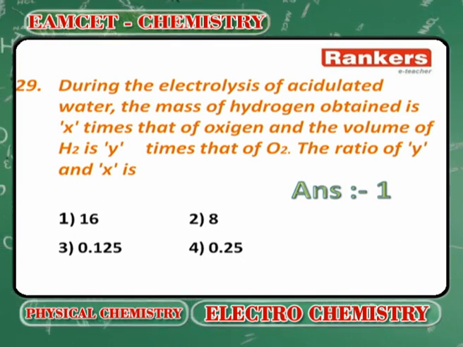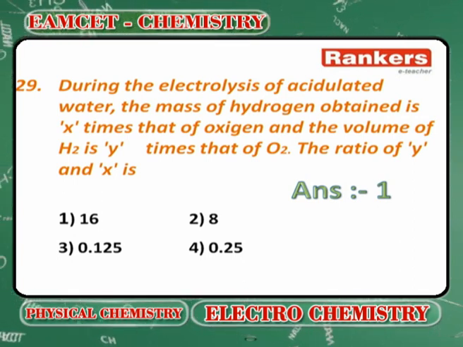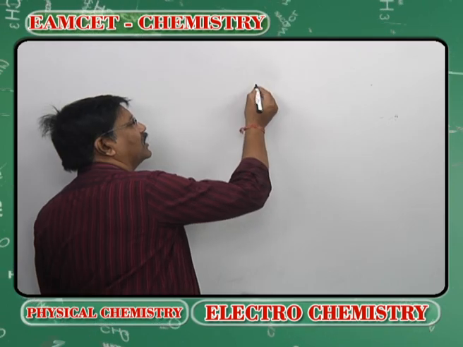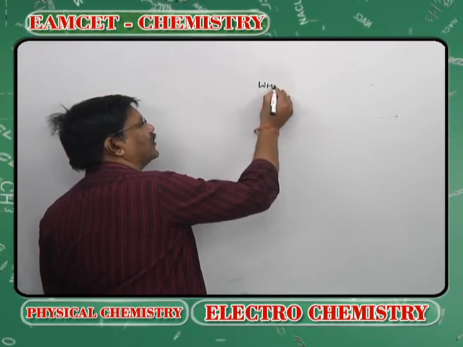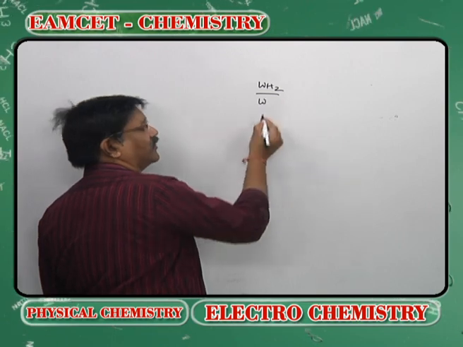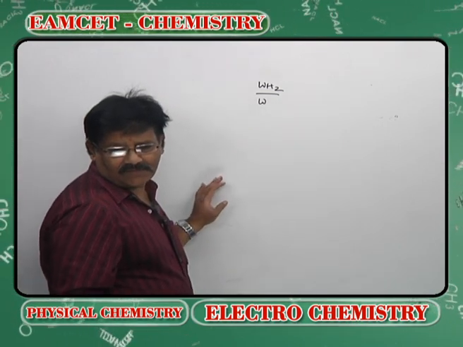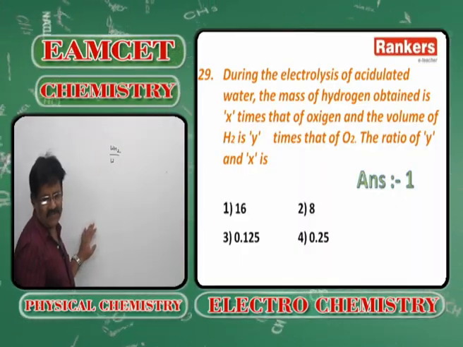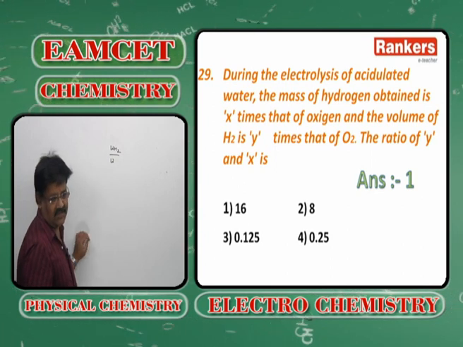This is simple. For the same quantity of electricity, the mass of hydrogen obtained is x times that of the oxygen.